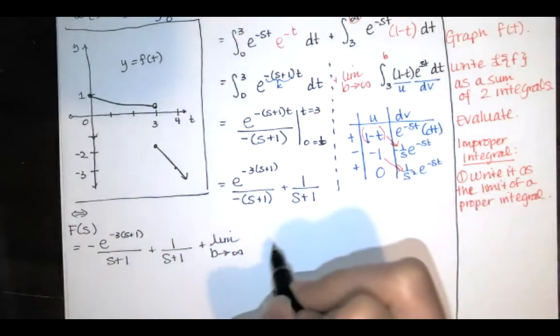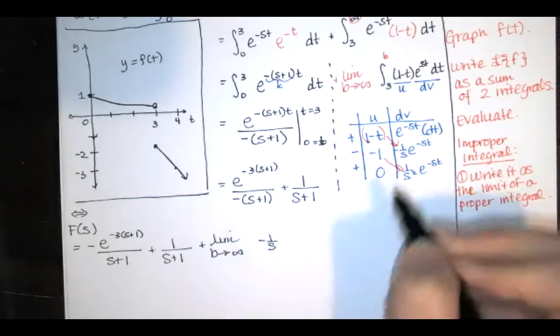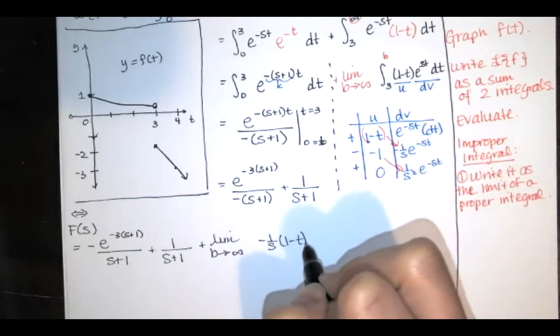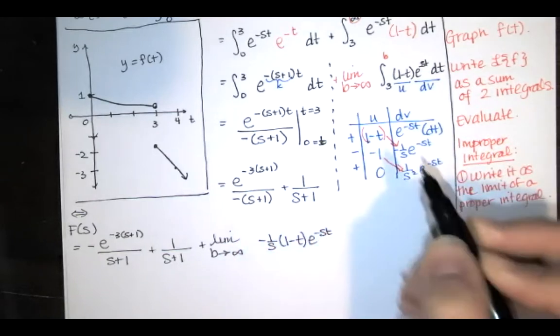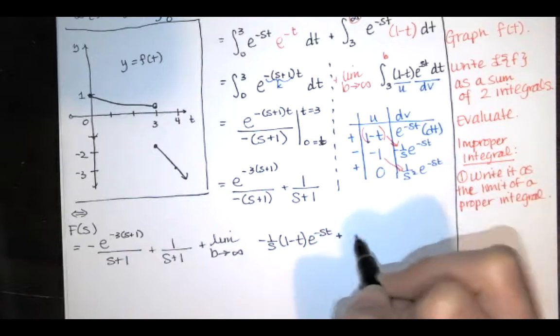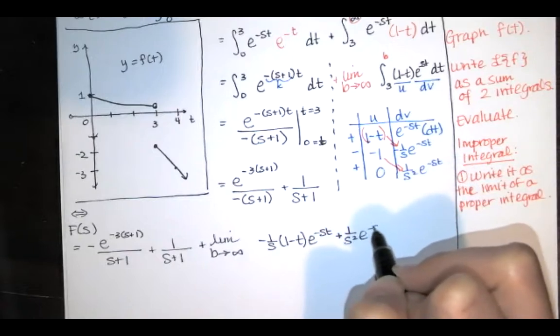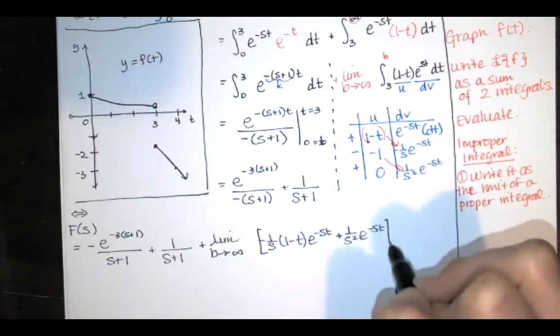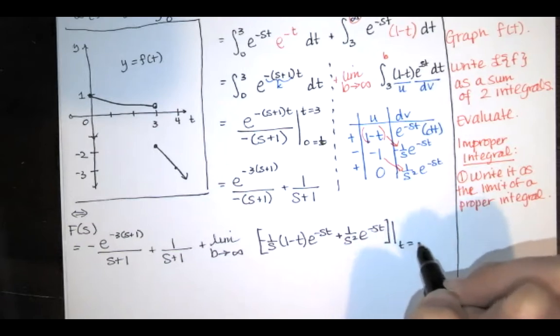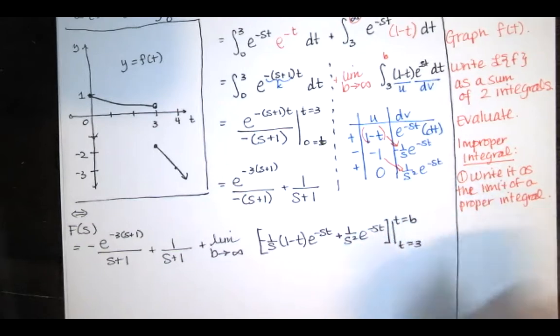So I think I will factor out the negative 1 over s there. So I've got negative 1 over s times 1 minus t times the exponential minus a negative 1. So it's going to be plus 1 over s squared times the exponential. And we evaluate that from t equals 3 to t equals b.